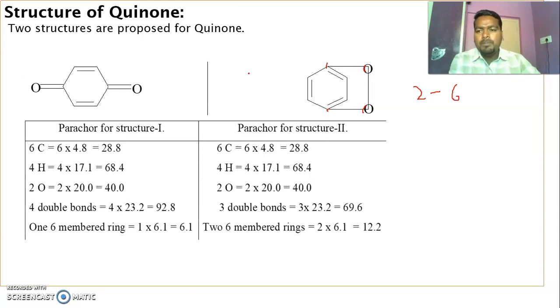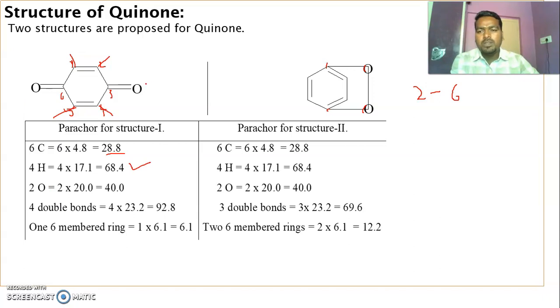In this compound, there are 6 carbon atoms, 1, 2, 3, 4, 5, 6. So its value is 28.8. And there are 4 hydrogens. Its value is 68.4.